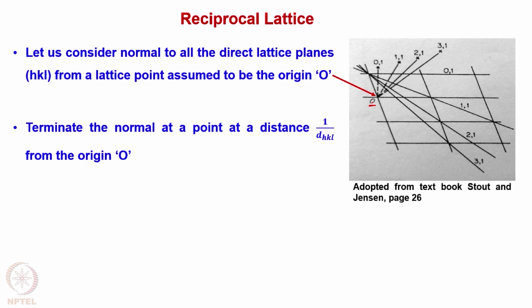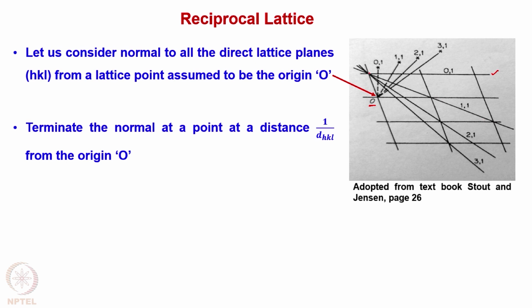So what we have here is the plane going like this, which has Miller indices 0, 1, one set of parallel planes, and then the plane which is going through the middle of this unit cell has Miller indices 1, 1.